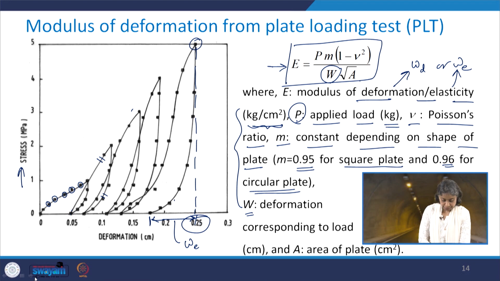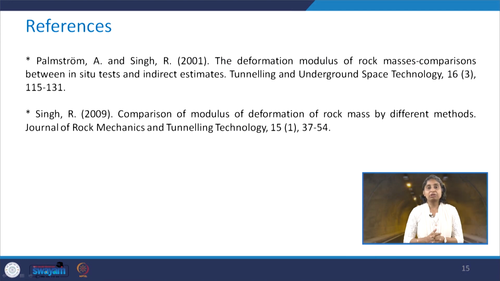So this was all about the plate load test. The two references apart from the one that I gave you in the beginning of this course are mentioned here. This material is taken from these research papers. If you want to look into more details, you can refer back to them.